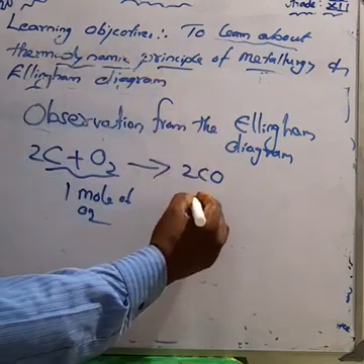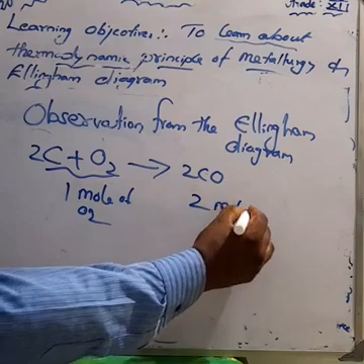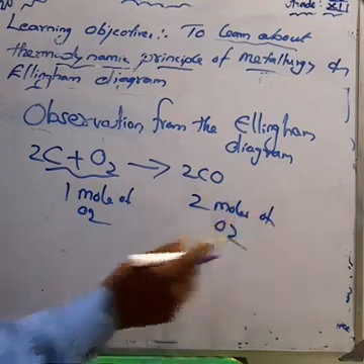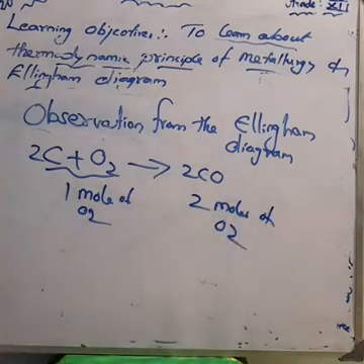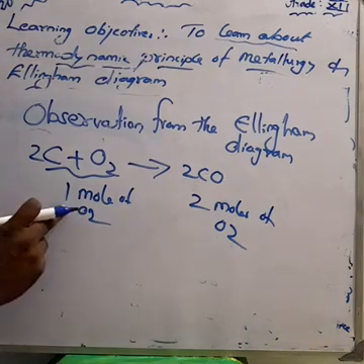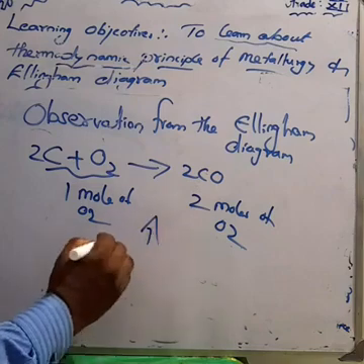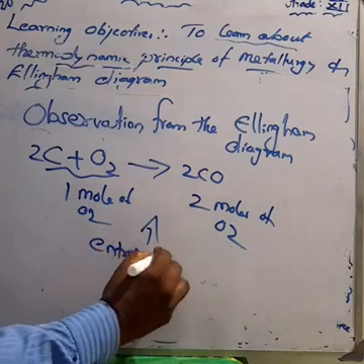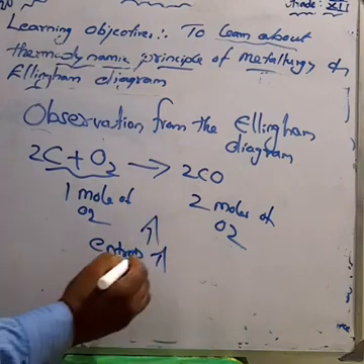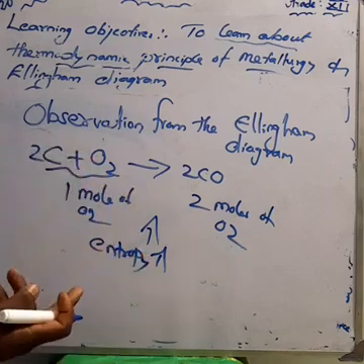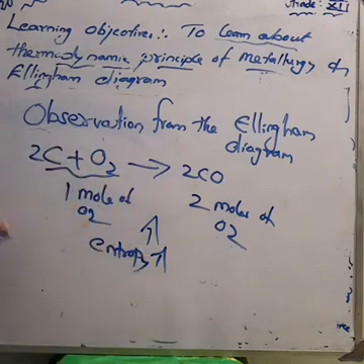Whenever it goes to the product side, they have 2 moles of oxygen. So here the molecules randomly increase, so entropy is also increased when the reaction proceeds. The change in entropy increases, so the slope becomes negative.